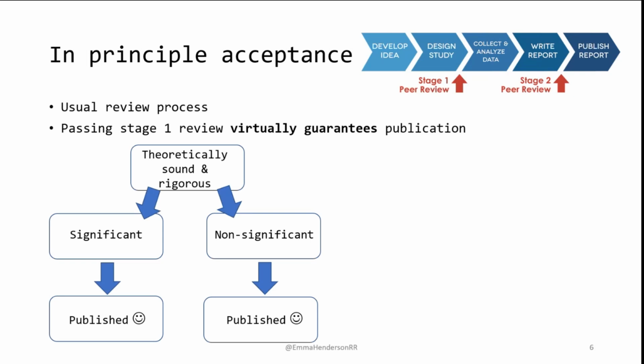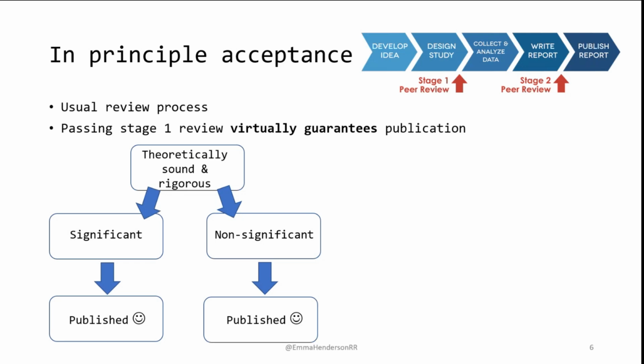Then it will undergo peer review. It's the typical peer review process where you may receive a revise and resubmit. And once that process is finished, you'll receive what's called in principle acceptance. In principle acceptance means that the journal is saying, we will publish your study as long as you run it in the way that you've planned, regardless of the results, because the results are just the answer to your question.